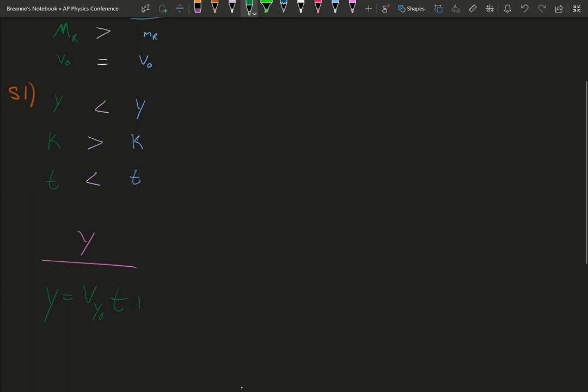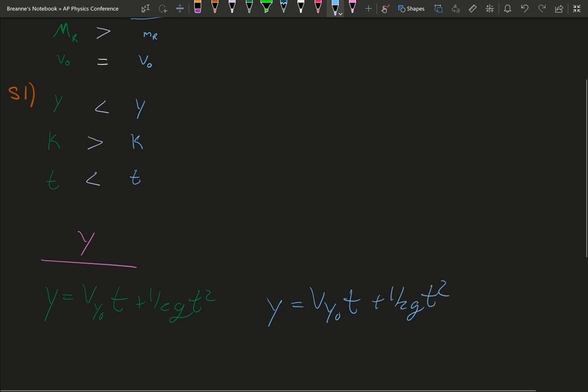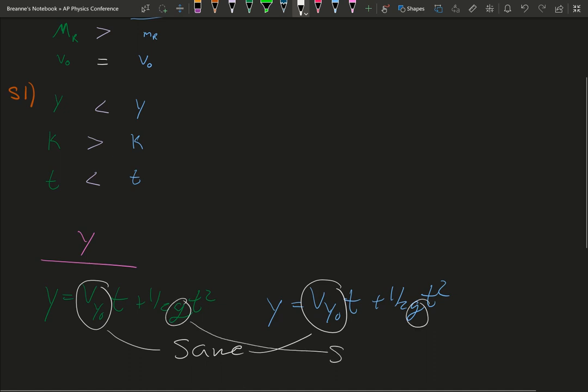So v y naught t plus 1/2 g t squared. And we want to compare that to the equation for rocket x. It's the same equation, we're just comparing the two. So we know that our v naughts are the same. And we know that our gravity is the same. But that still leaves us with 2 unknowns, our height and our time. So right now this equation doesn't really help us, but we can come back to it.